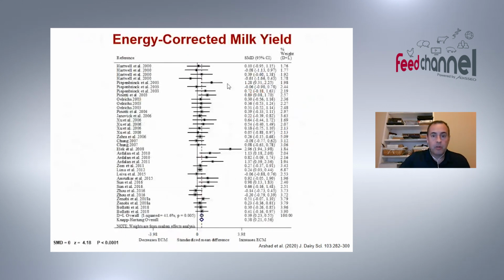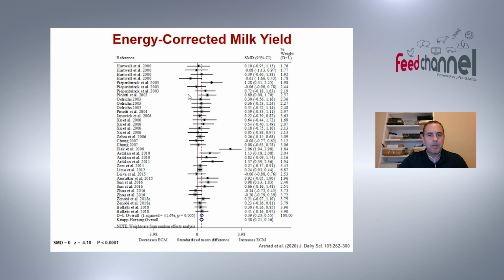So here is a forest plot that shows the energy corrected milk across the multiple comparisons. So you can see what direction that response went. If the point estimate, which are the black dots, fall to the right of this central line, it means that supplementing choline increased milk yield or energy corrected milk yield.